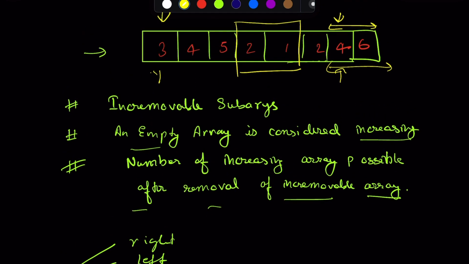Basically, if we take 3, we have the possibilities 3 4, 3 4 6 and 3 6 as our answers. So these are all the possibilities when we find one index which is greater than the left.